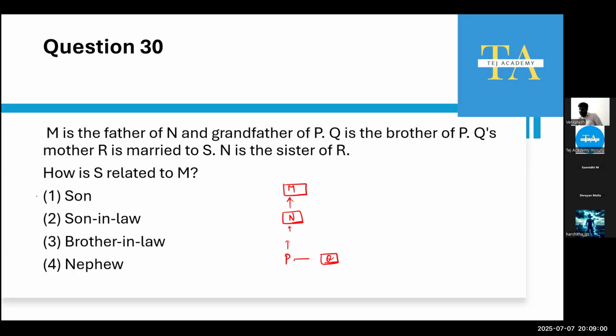And Q's mother R is married to S. And N is a sister of R. So N's sister is R, and R is married to S. So that means S and R are the married couple. Then S is related to M as dash.